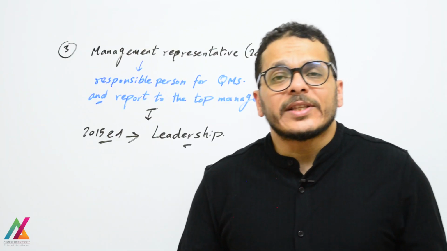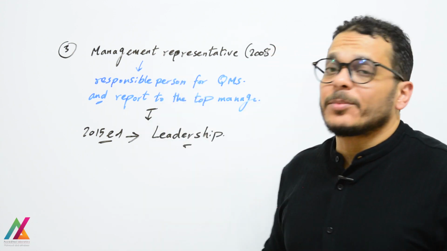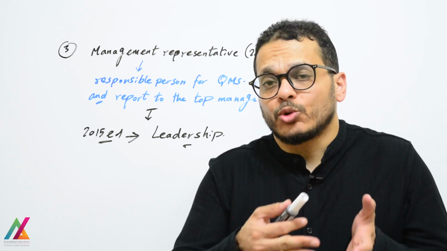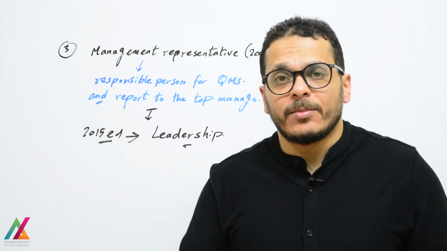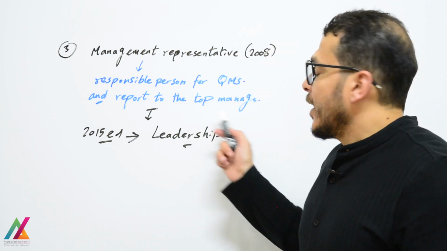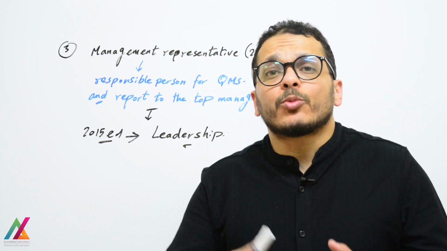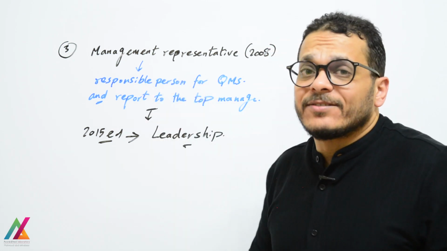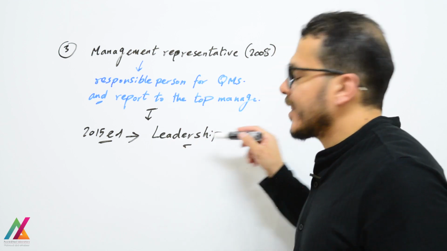In the 2008 edition, there was a management representative, or MR, and he was the responsible person to establish the quality management system and report to the top management. And top management were responsible to provide all resources required. But now in the 2015 edition, all of this is under the leadership.